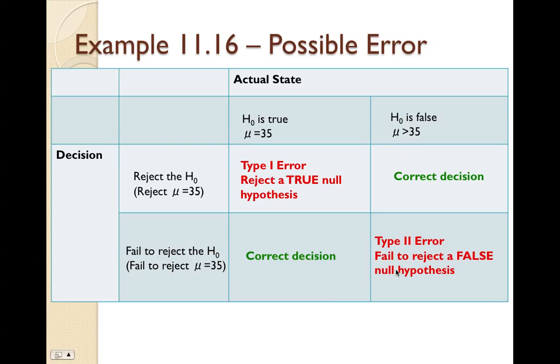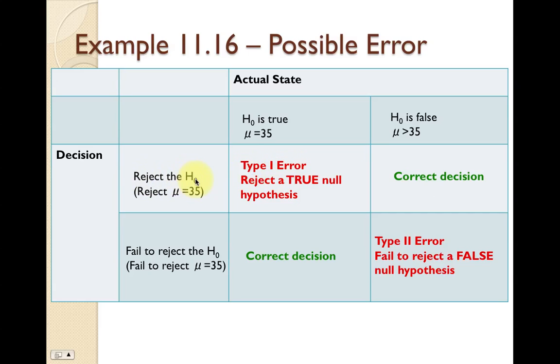So in this problem, we take a look at what our decision came out to be. What was our conclusion? Was it to reject H0 or was it fail to reject H0? Well, in this problem, the conclusion came out to be to reject H0. So the type of error that's possible is a type 1 error.